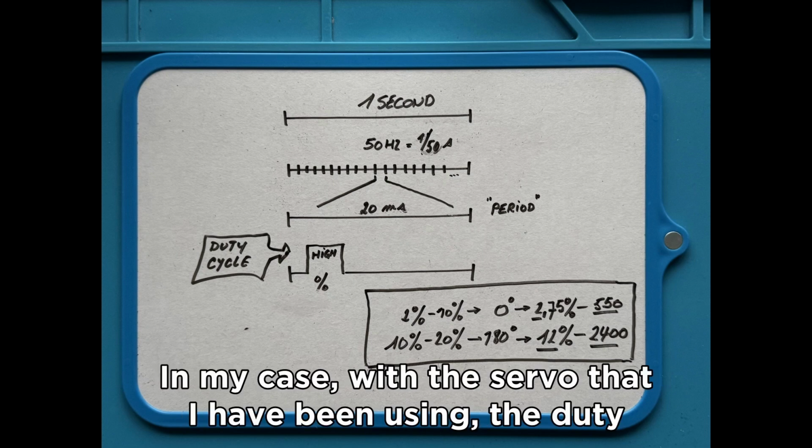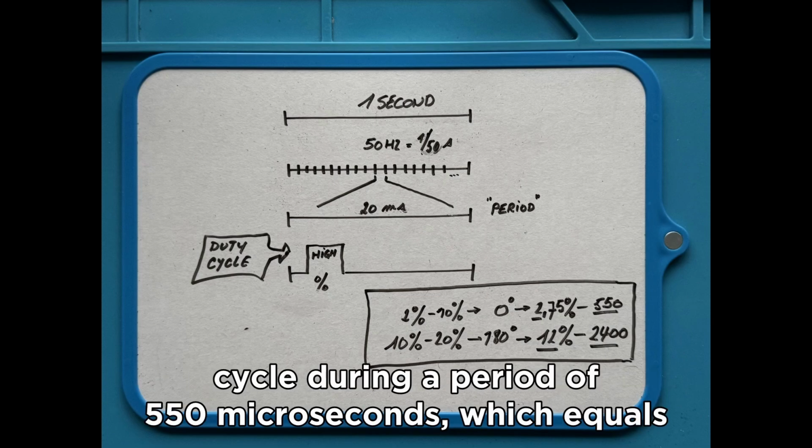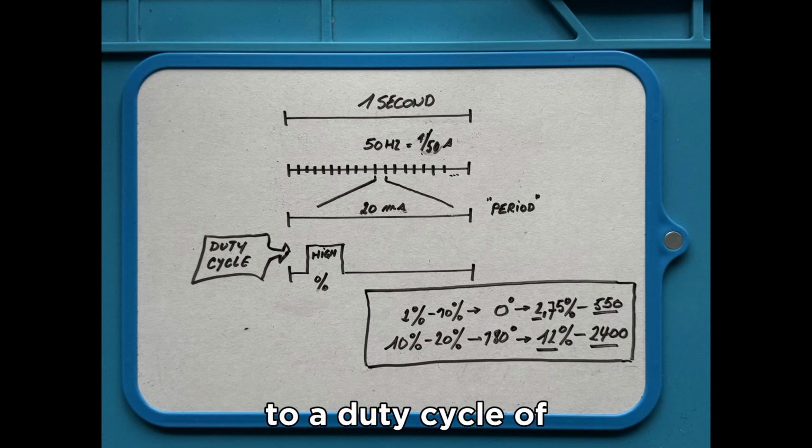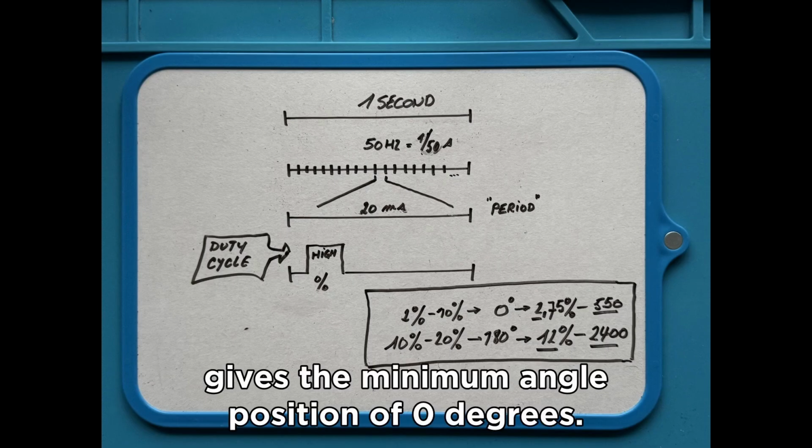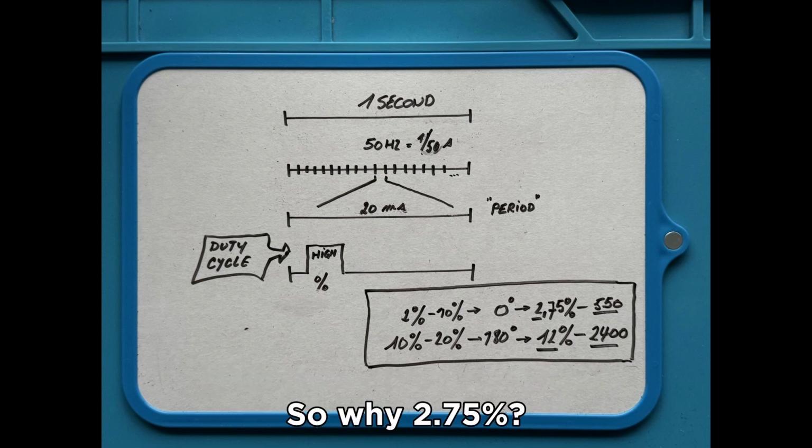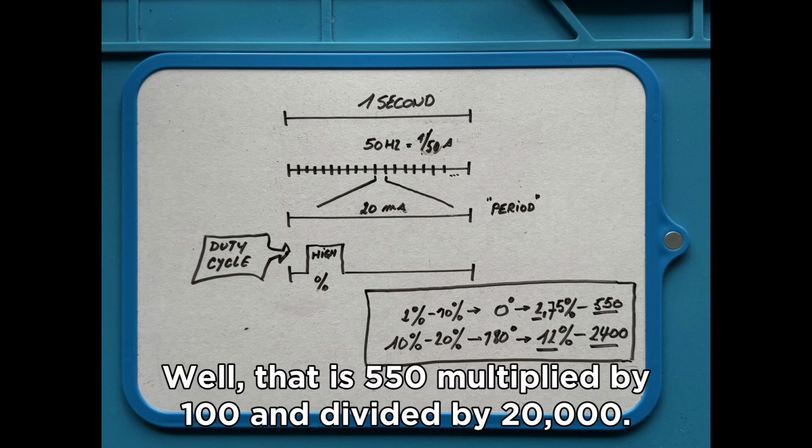In my case, with the servo that I have been using, the duty cycle during a period of 550 microseconds, which equals a duty cycle of 2.75%, gives the minimum angle position of 0 degrees. So why 2.75%? Where does it come from? Well, that is 550 multiplied by 100 and divided by 20,000.